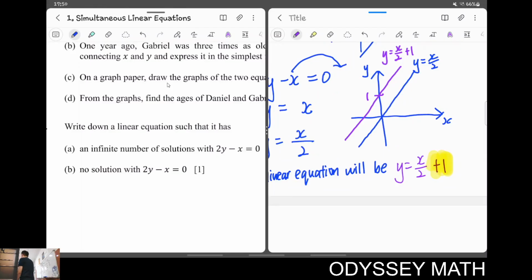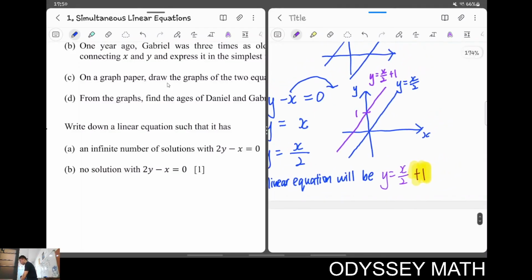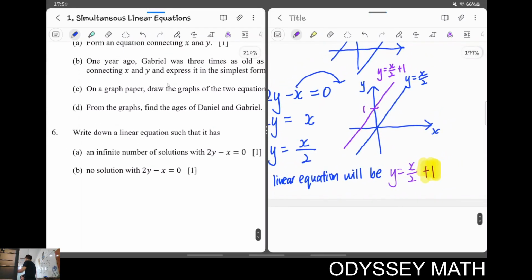If you are lost, it's fine. It is not easy, but you all get it, right? Adding the 1 at the end, highlighted in yellow here, shifts the line up by 1 unit. What if you don't add 1?